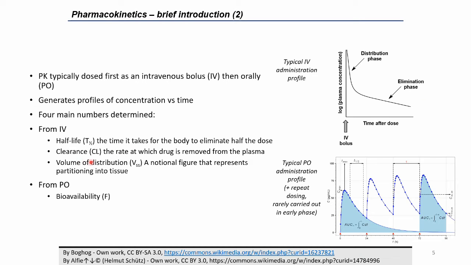There is another number that you generate, the clearance, which is the rate at which the drug is removed from the plasma. And the third number that you generate is the volume of distribution, which is a notional figure. It's not a real volume, but it represents the partitioning into tissue.